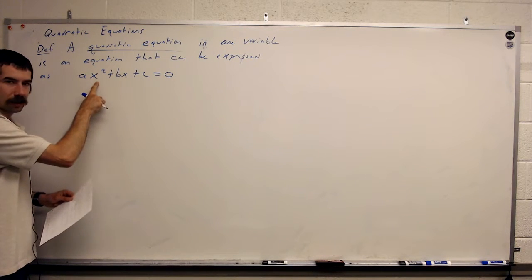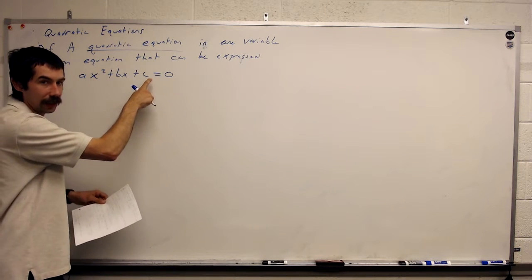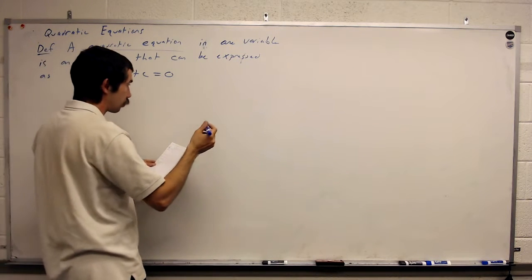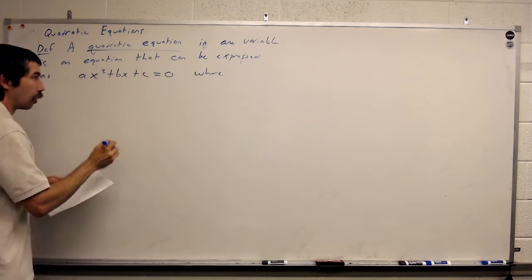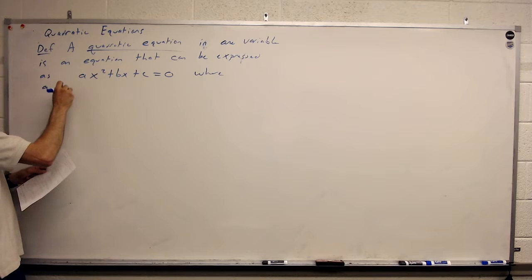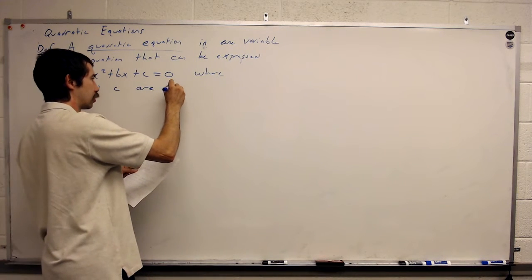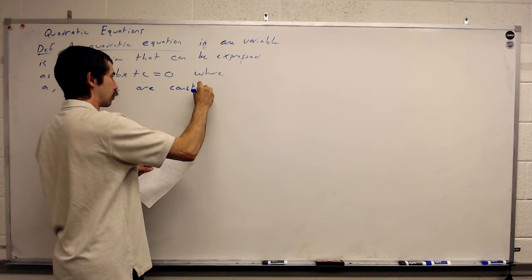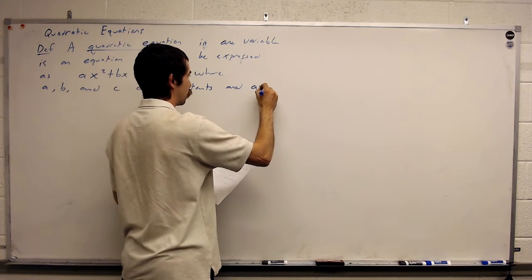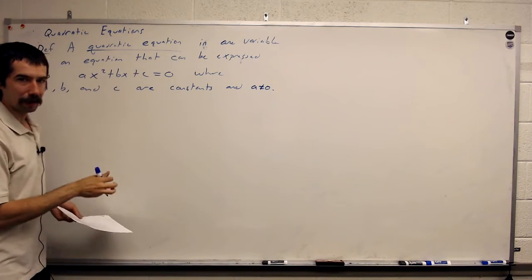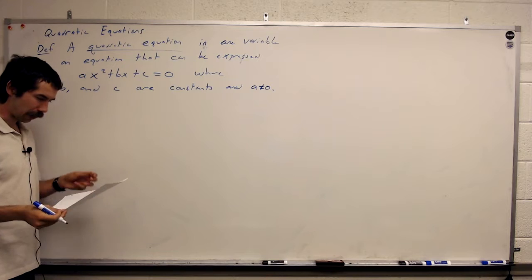Some number times x squared plus some number times x plus a constant equals 0, where a, b, and c are constants and a is not equal to 0. Right? If a was 0, this would just be bx plus c, and that'd be a linear equation, not a quadratic equation.